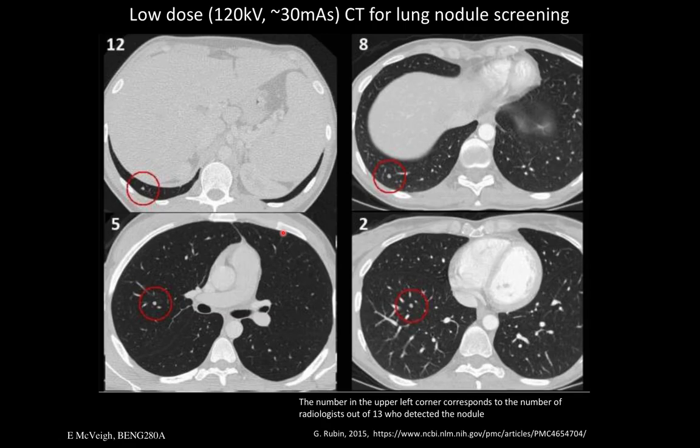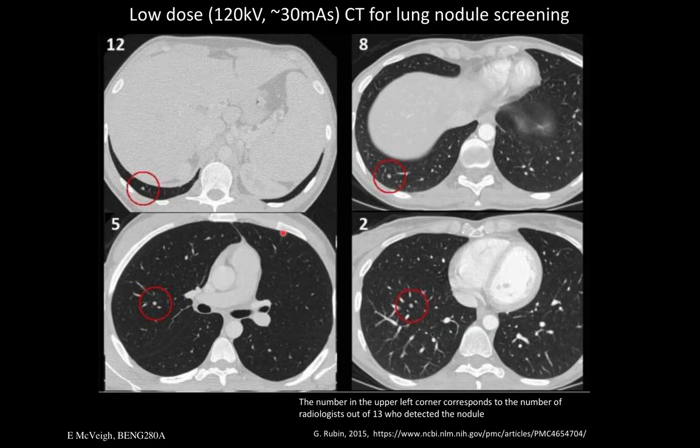So one of the primary things that CT has been used for in the past is detecting lung cancer. It has now been shown that low-dose CT in smokers who are beyond about 40 years old makes a significant decrease in the number of people that die from lung cancer if you go to this low-dose CT screening.